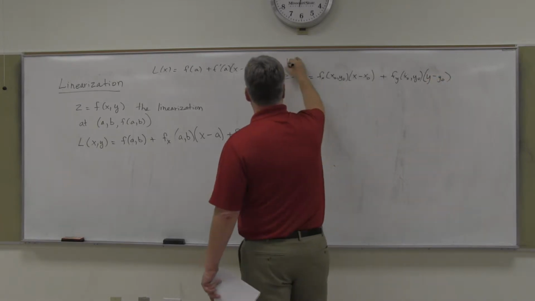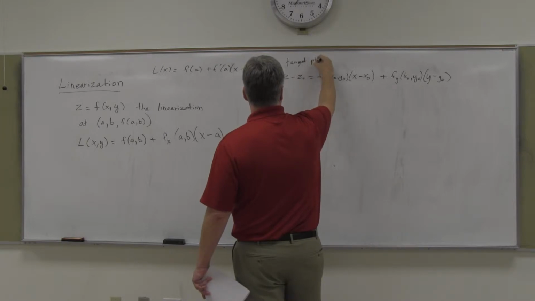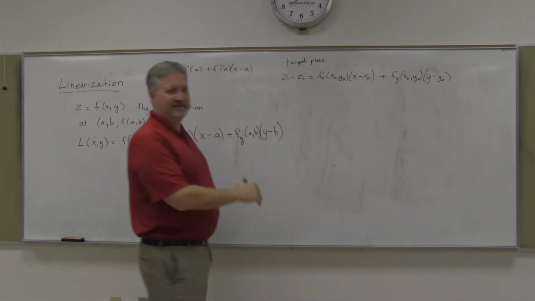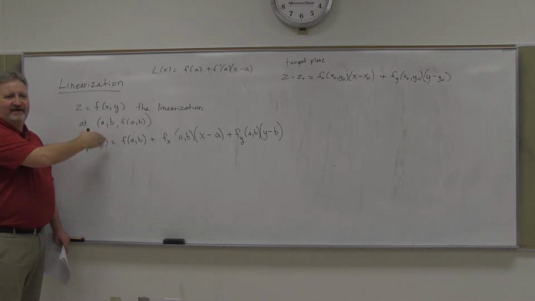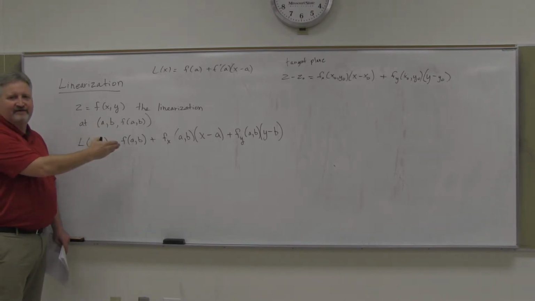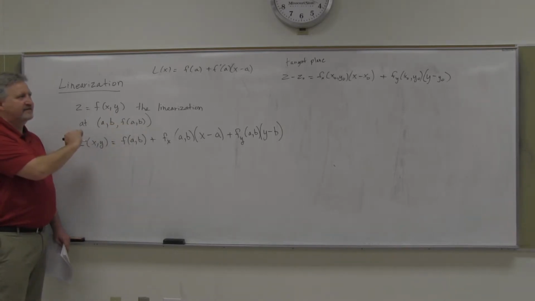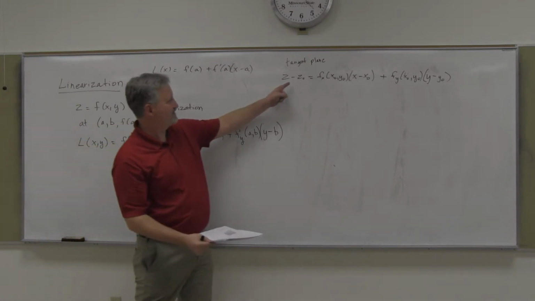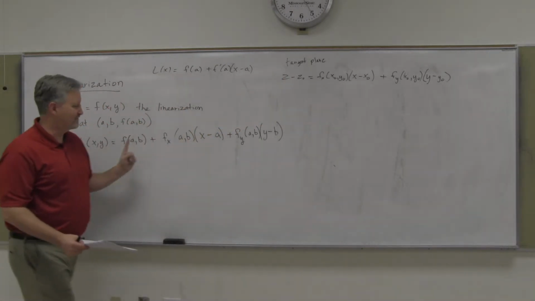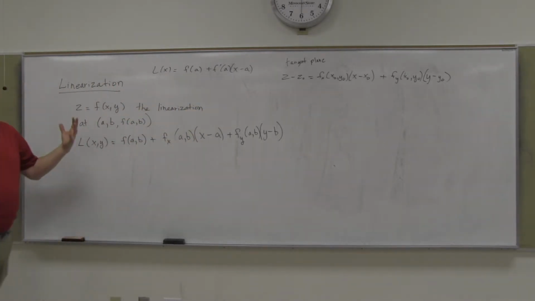Okay, so that was our tangent plane. But do you see what we did here? Instead of saying x0, y0, we're saying a and b, right? And then the z0 is f of a, b. And then they just move that term over. So it's the tangent plane. That's what this is, okay?